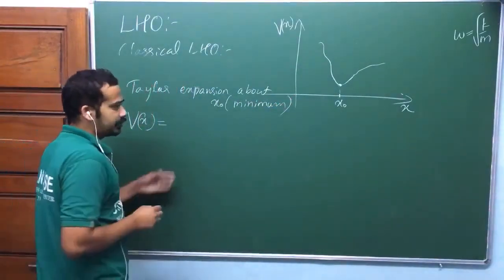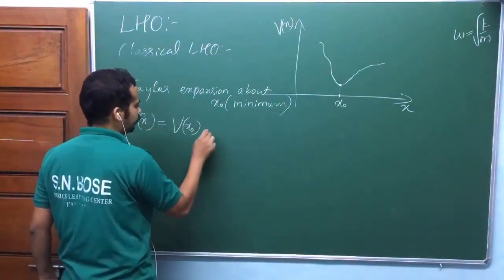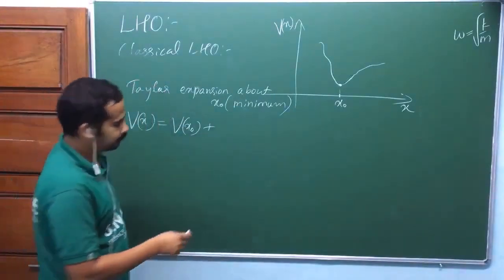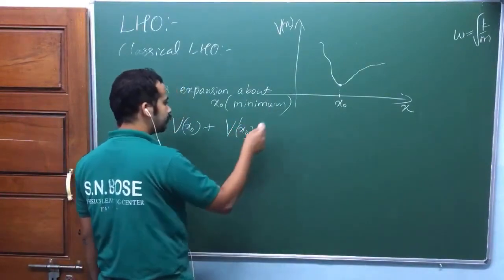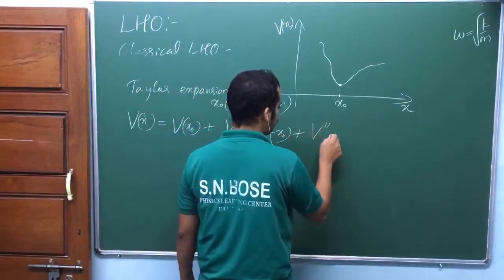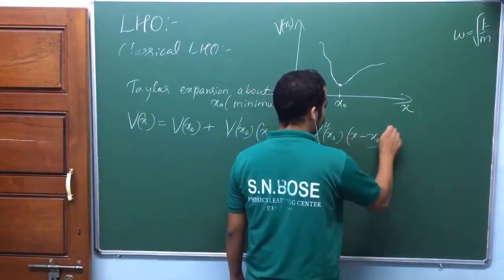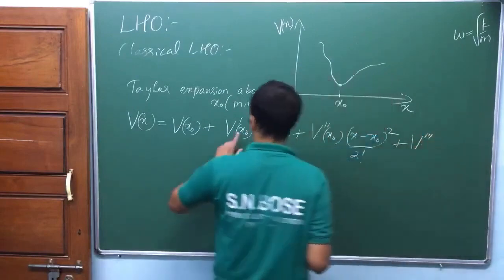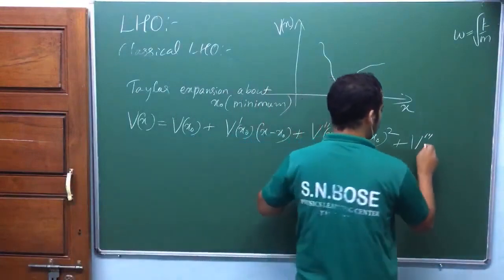So how does the Taylor expansion look? You know that one? V of x naught, plus V dash of x naught, the derivative at that point, into x minus x naught, plus V double dash of x naught into x minus x naught whole square by 2 factorial, plus V triple dash, again first derivative at the minima, second derivative at x naught, third derivative at x naught.